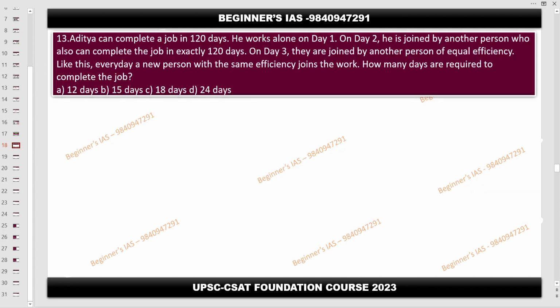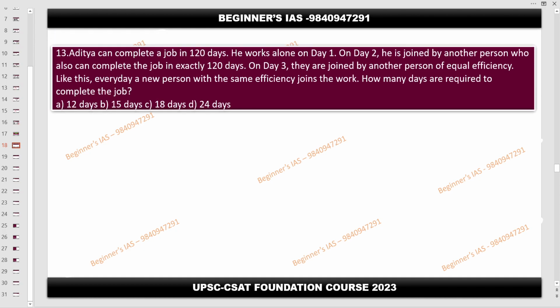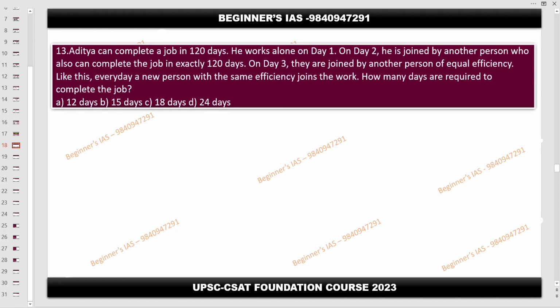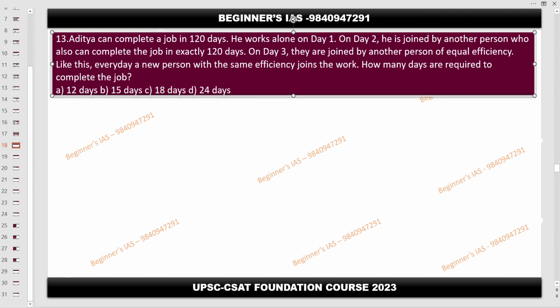Aditya can complete a job in 120 days. He works alone on day 1. On day 2, he is joined by another person who can also complete the job in exactly 120 days.